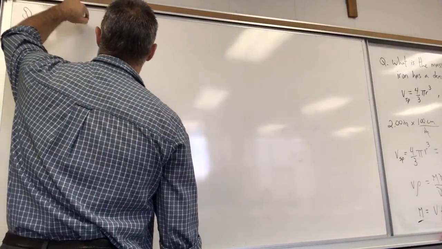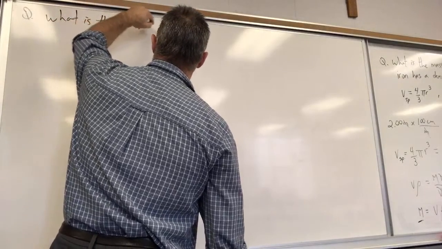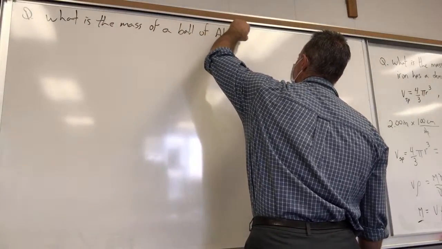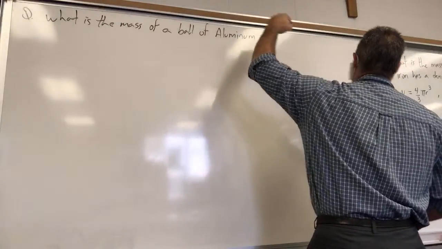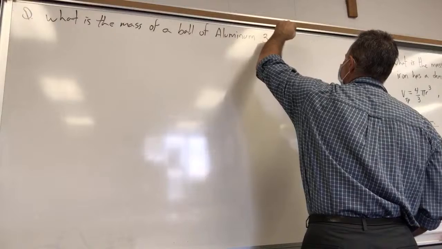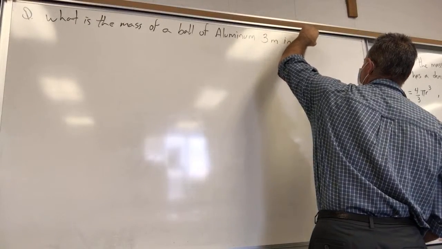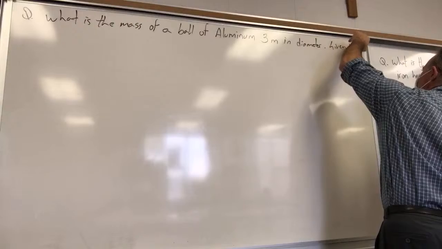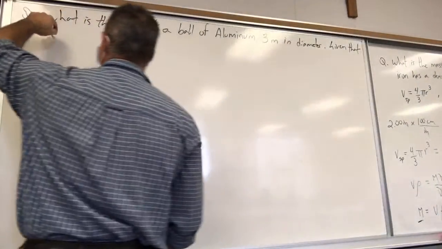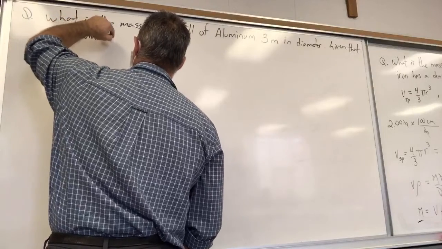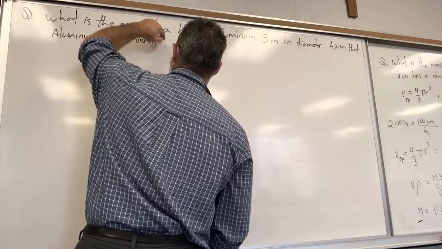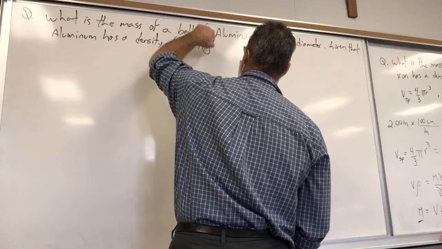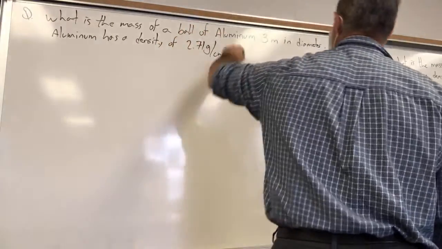What is the mass of a ball of aluminum three meters in diameter, given that aluminum has a density of, I think, 2.71 grams per centimeter cubed. Give your answer in tons.